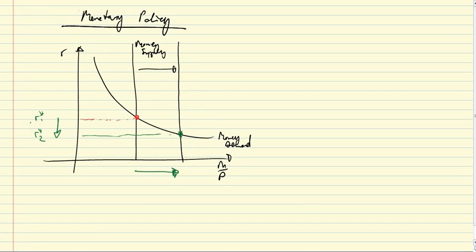What has happened? Well, we said we have these two actors here, the central bank and the private sector, PS. The central bank increases the money supply by buying bonds. So the central bank goes out and buys bonds from the owners of the bonds, the holders of the bonds, which are the private sector market participants.